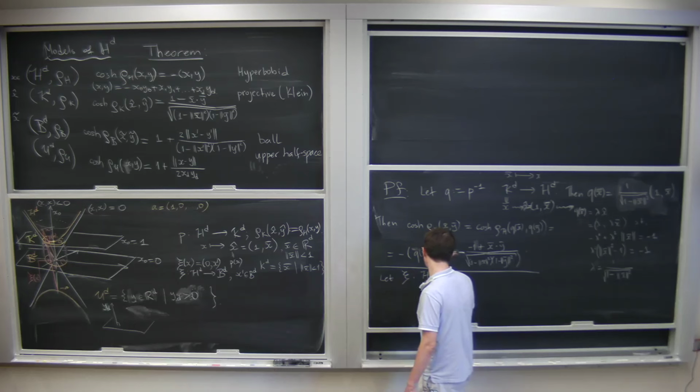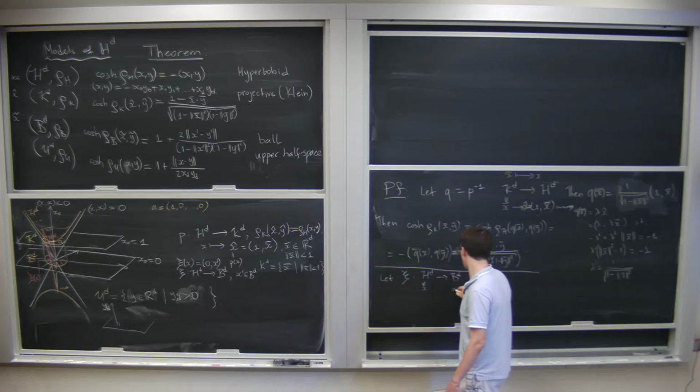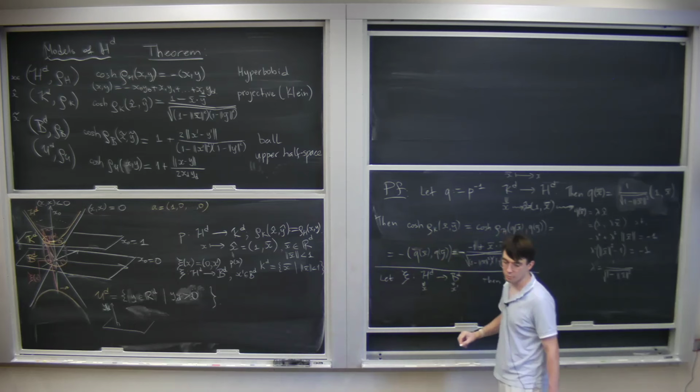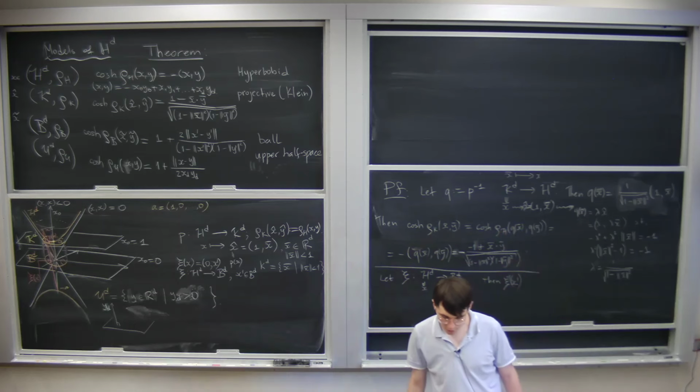Here we have x, and here we have points x prime. Then psi inverse of x prime can be written as follows.